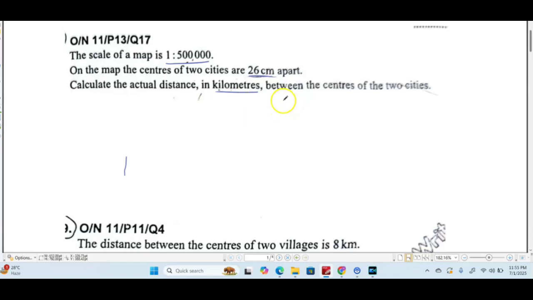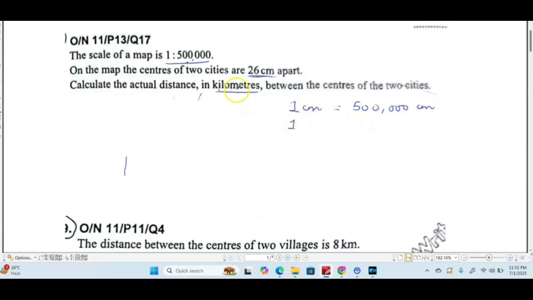What we need to do is establish a relationship: 1 centimeter is equal to 500,000 centimeters in reality. This is what we've been given.